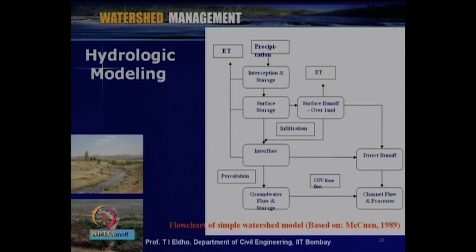So, depending upon the type of model which we develop, we may consider some of the important processes. Of course, precipitation and runoff we have to consider, but interception we may not consider, or the interflow component we may not consider, but of course, infiltration is one of the important parameters which we have to consider, and then evapotranspiration also.